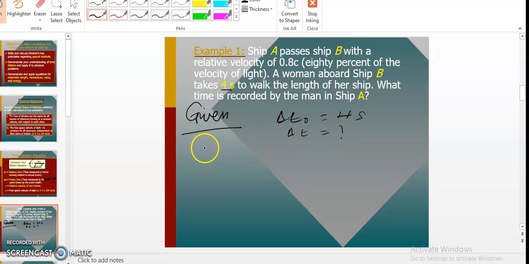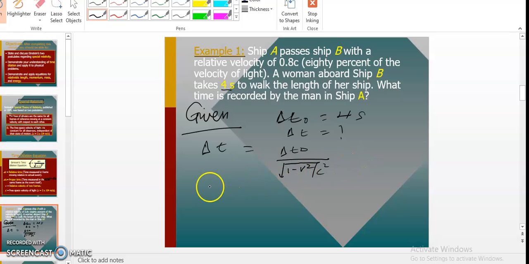So applying the formula, we know our formula is delta t equals delta t naught divided by the square root of 1 minus v squared over c squared.